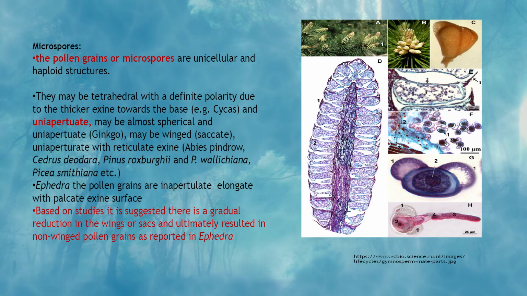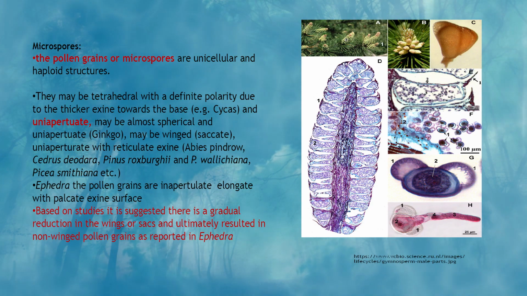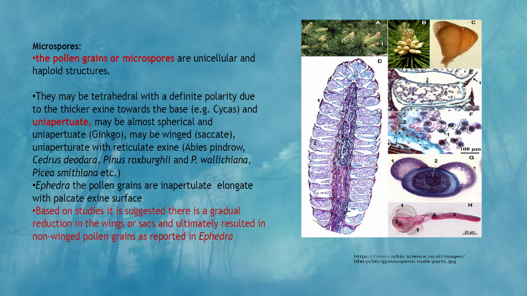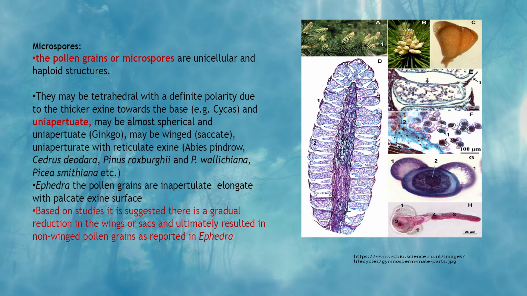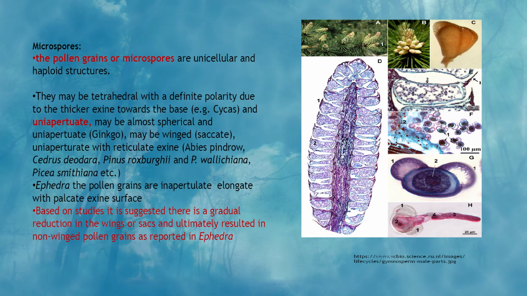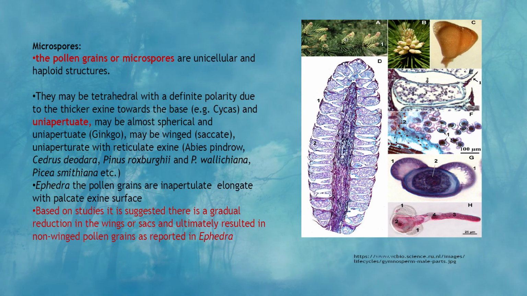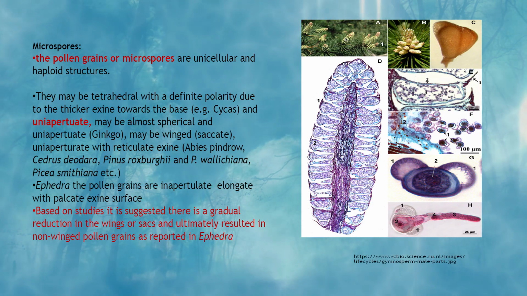They may be winged, as you can find in Pinus. They are Mickey Mouse shaped, with a reticulate exine in Abies, Cedrus, Pinus and Picea. In Ephedra, the pollen grains are inaperturate, elongate and plicate.